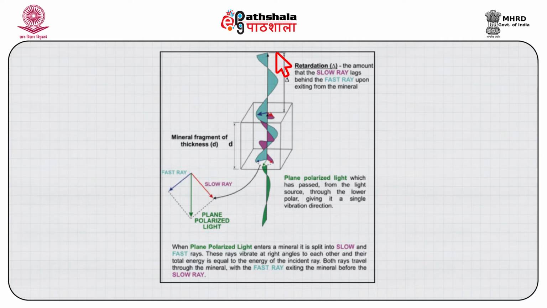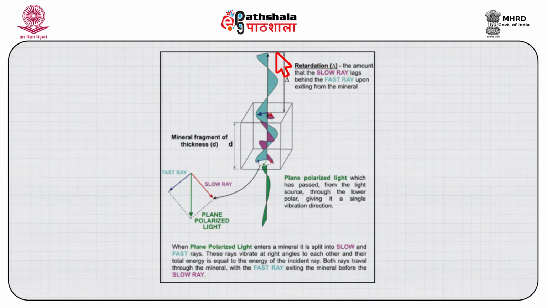There can be two situations we have. First one is when the light passing through the lower polar will first get polarized and then it will encounter the sample, in which it will get split into fast and slow ray. If the retardation of the slow ray, that is the lagging behind of the slow ray, is one whole wavelength, the two emerging waves are in phase.